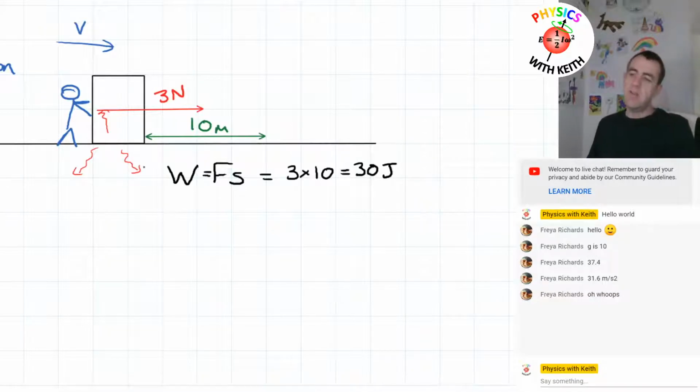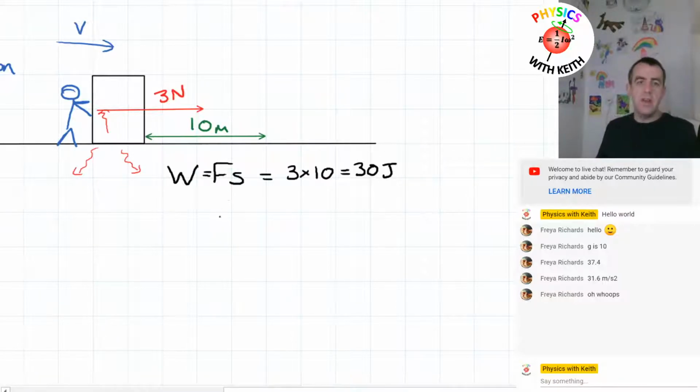And that's interesting. That means if I move it slowly, it's less wasteful in terms of energy. If things are moving fast, it's more wasteful in terms of energy. And that's the same when you're driving a car. When you're driving a car down a motorway at 70 miles an hour, it uses a lot more fuel to go a certain distance than it would going at 30 miles an hour through the town, going the same distance.